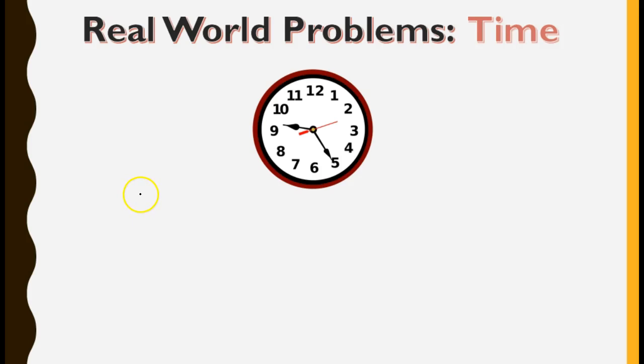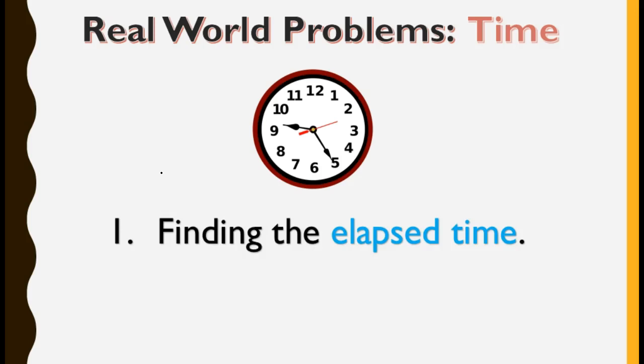So you will need to know how to solve real-world problems. In other words, they're going to give you story problems involving time, and you have to know how to solve them. So I have noticed 3 different types. Sometimes they're asking you to find the elapsed time, such as, how long was the girl gone?